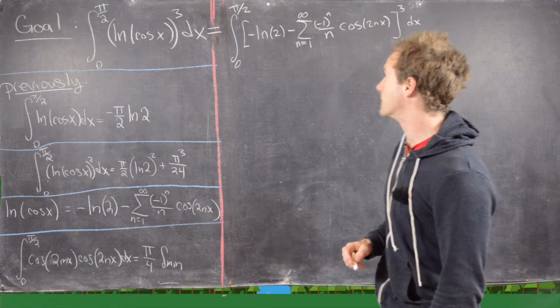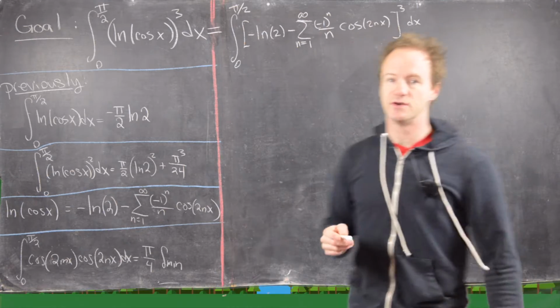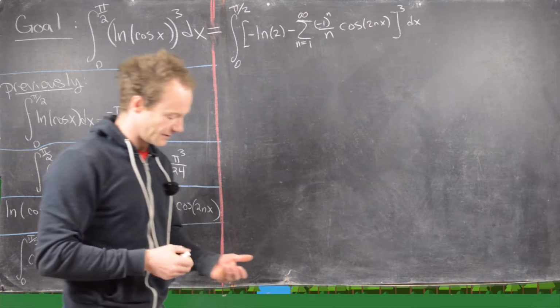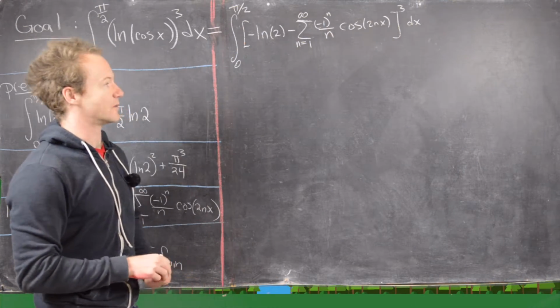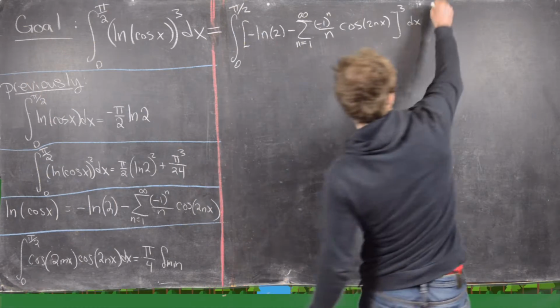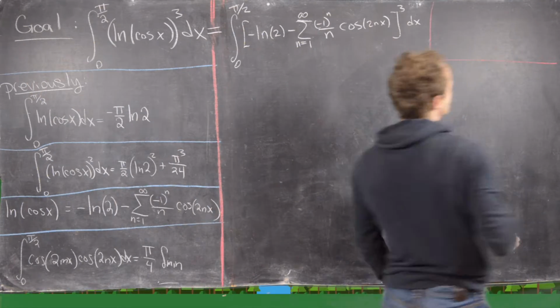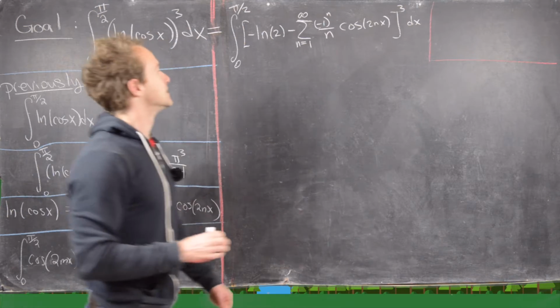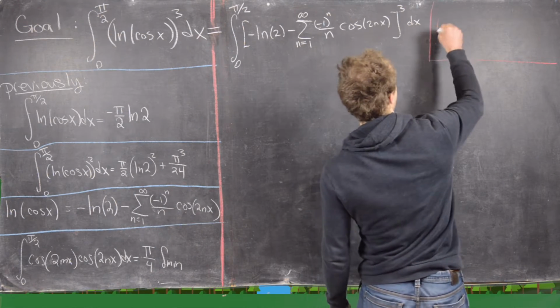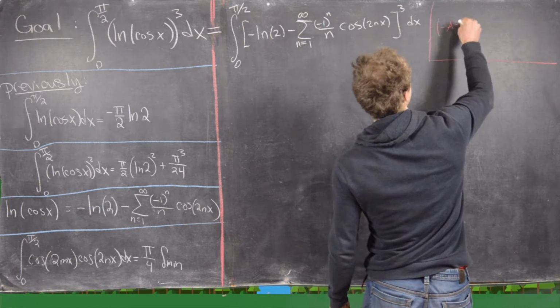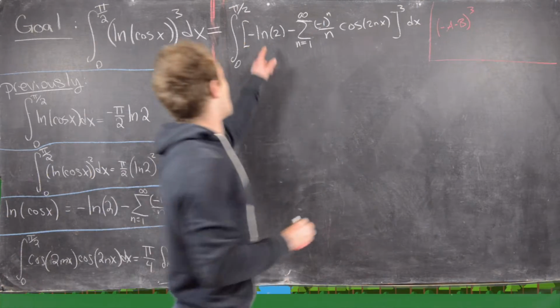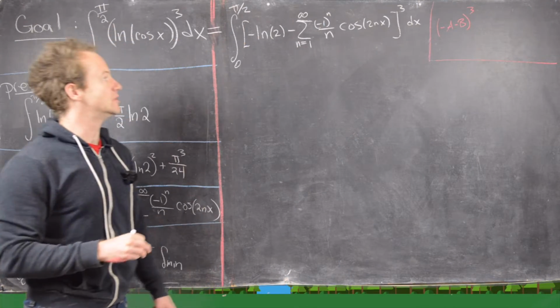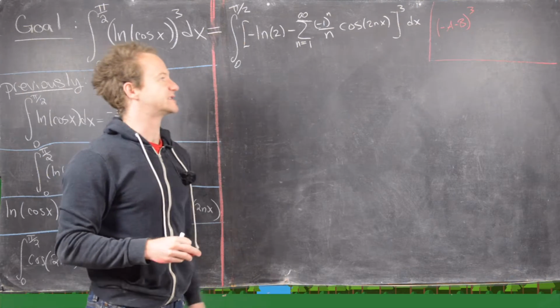Okay, so now what I want to use is the fact that a binomial cubed has a nice formula. Let's add that in right here just so that we can see it. Notice in this case we're going to have minus a minus b cubed. My a term is like natural log of 2, my b term is this big sum.